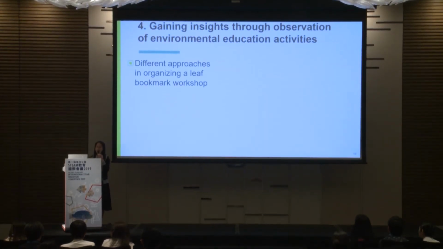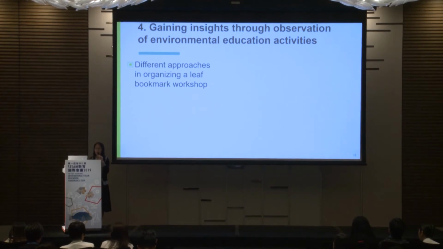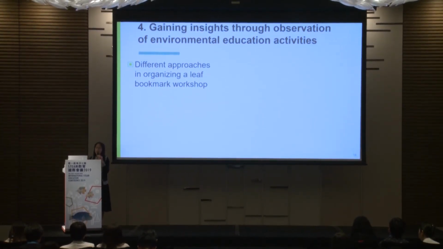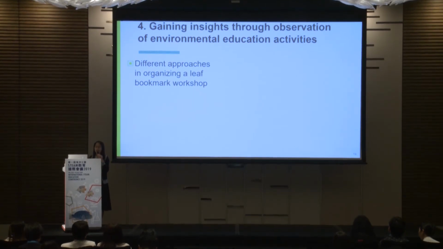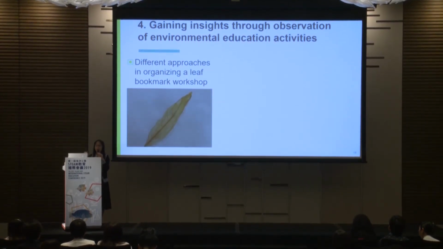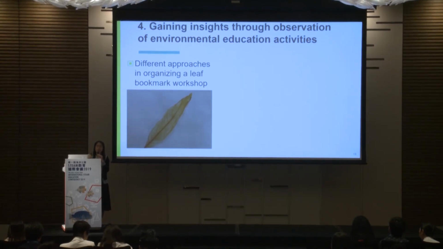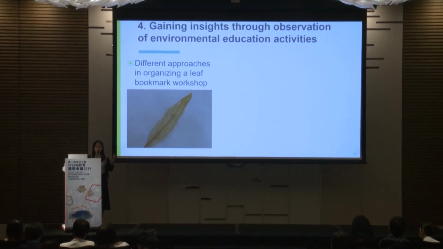Another observation was about the leaf bookmark workshop, which could be quite common in secondary schools, and there were different approaches in doing it. My teaching practicum school mainly focused on cultivating students' ability to organize and hold the workshop on their own.